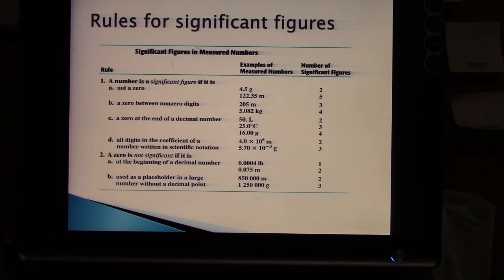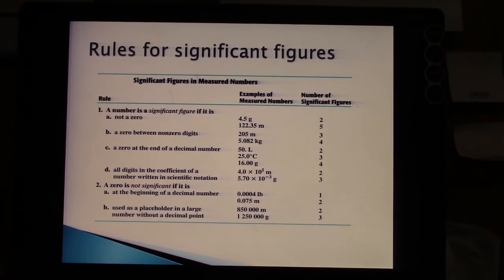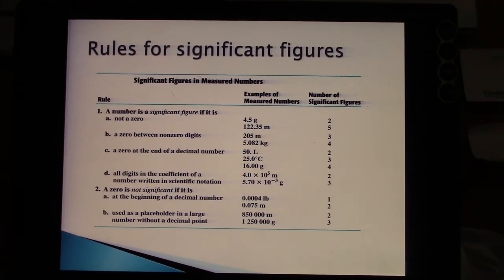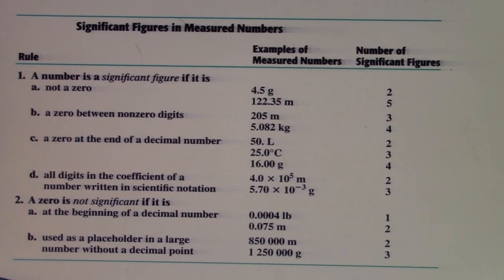These are the rules for significant digits. I'm going to zoom in. Remember, when we do measurements, we have to follow certain rules for significant digits. A digit is significant if it is a non-zero number.